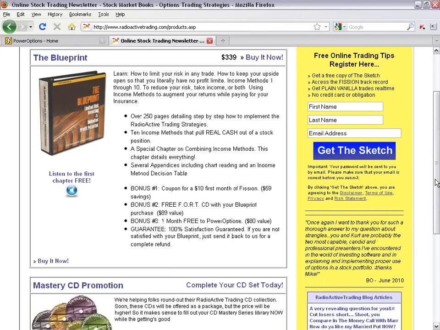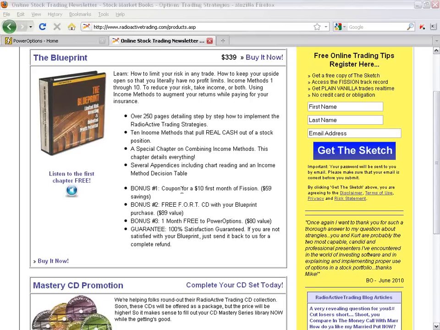The only place where all 10 income methods are discussed, with the specific ins and outs of how we set up the radioactive profit machine, what rules and guidelines we look for in selecting the stock and the put, and how Kurt selects the stocks. The great thing about this technique is it's not a step-by-step procedure of always buy stocks if X plus Y plus Z equals B. You can use this on top of the stock selection process you're already using, but you still want to make sure you're using the right type of puts, the right time frame, and the right one in the money, for example.